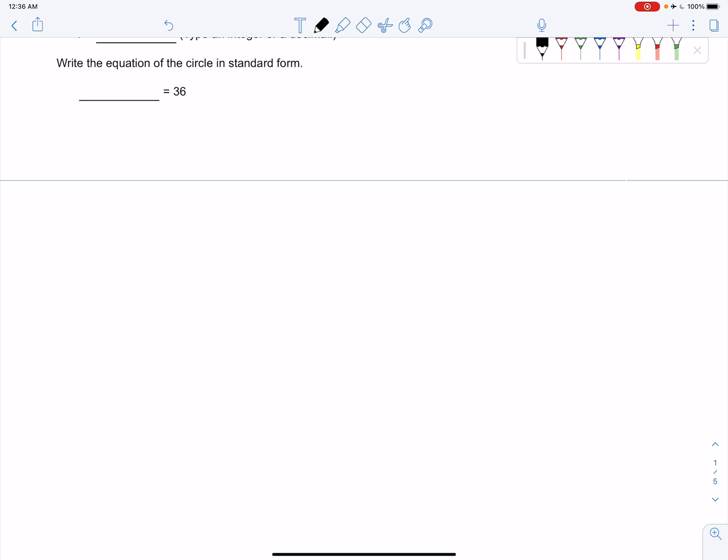So if I do a quick little picture of that, you've got a circle, and you've got this center. The center is called h comma k. And then we have this distance that you go from the center to a point on the circle, and that distance, remember, is going to be the same anywhere.